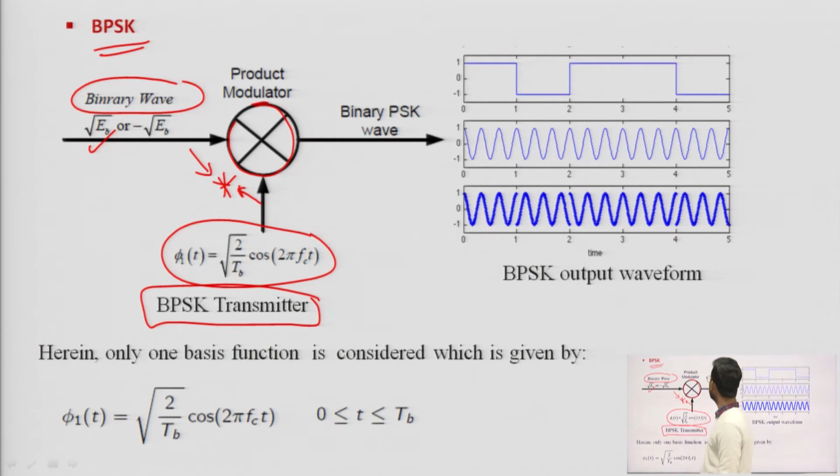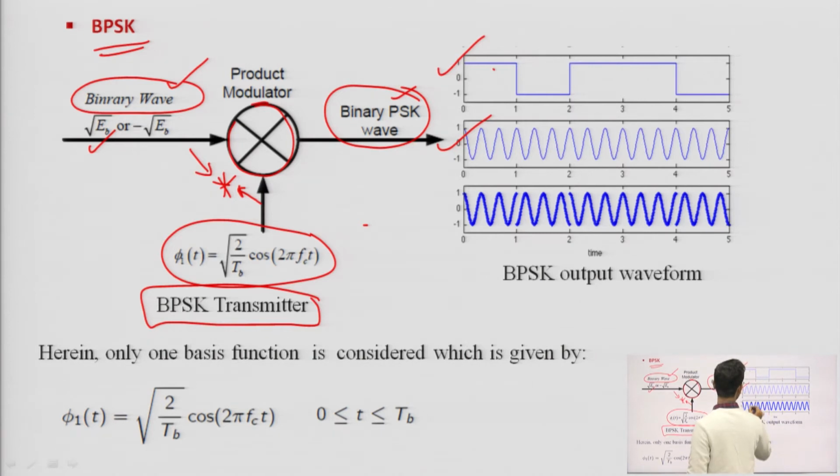Then at the output of the product modulator we will get the binary PSK waveform. These are the input data stream, and this is your carrier signal. So what is the BPSK output?